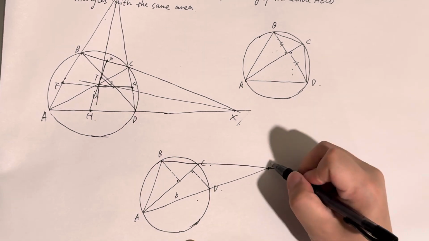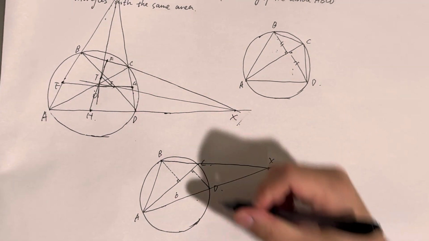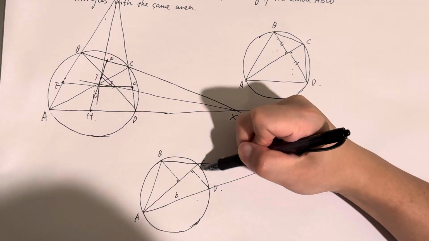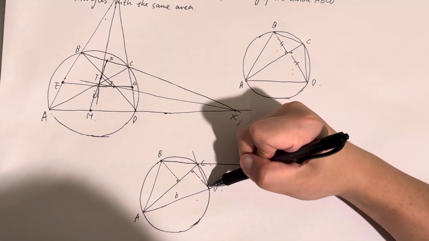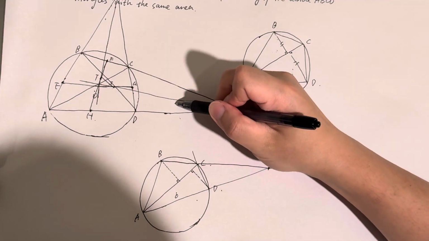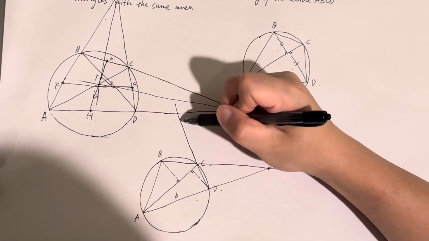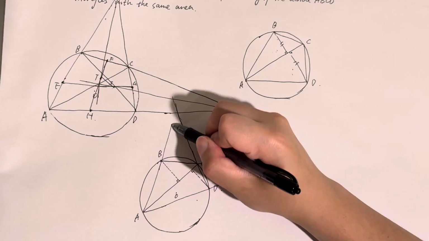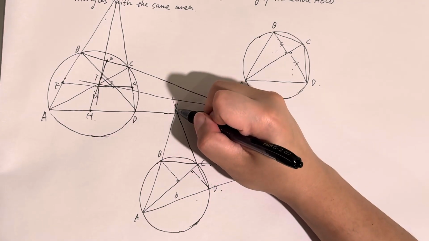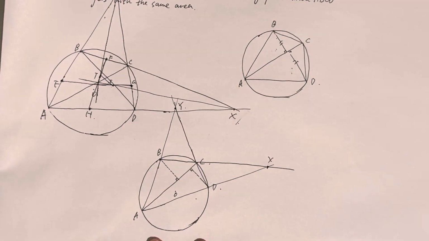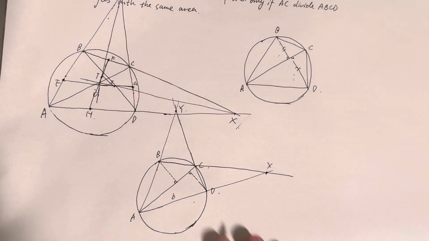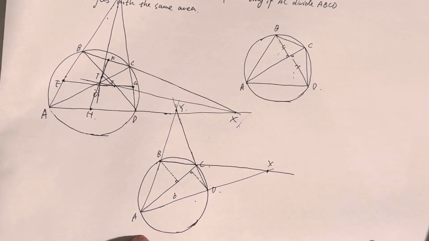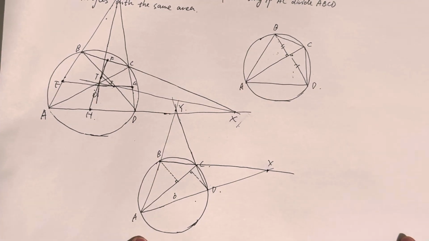This point we call X. And for CD, it looks straight. And for AB, we connect it, and this point is Y. That's how we get a correct figure first.